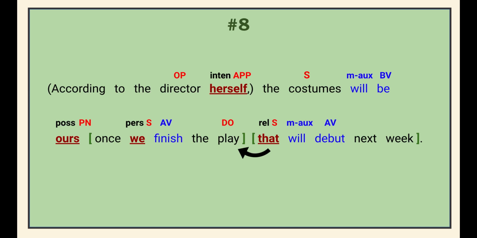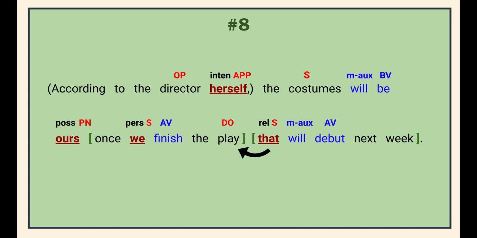The next pronoun is ours. It's possessive, indicating who owns the costumes. And it's acting as the predicate nominative because it follows a be verb and renames the subject, costumes. The next pronoun is we.